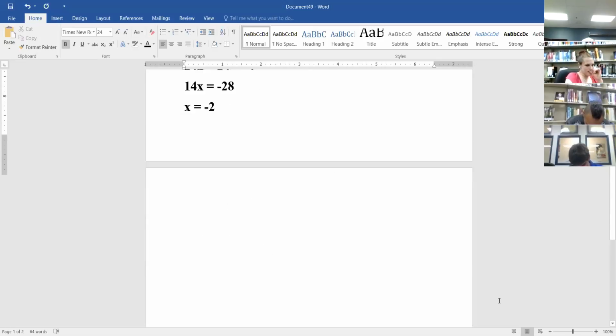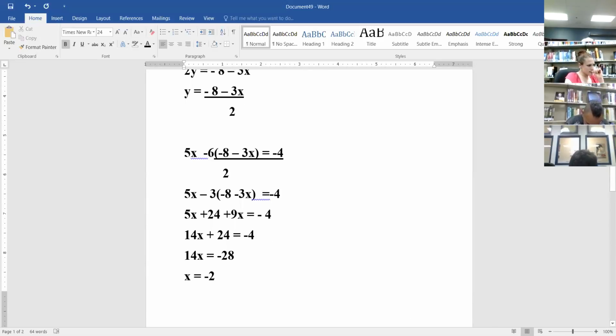So my point on this one was that even if our initial solution for one of the variables is some form of fraction, so what? It doesn't really matter. We just substitute that in, and the fraction can be complicated, like minus 8 minus 3x, all over 2. But remember, everything is over 2.